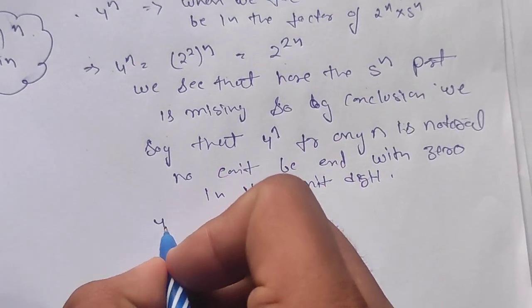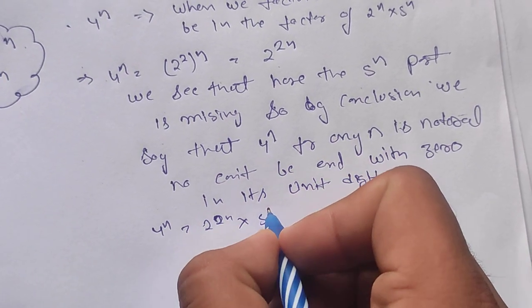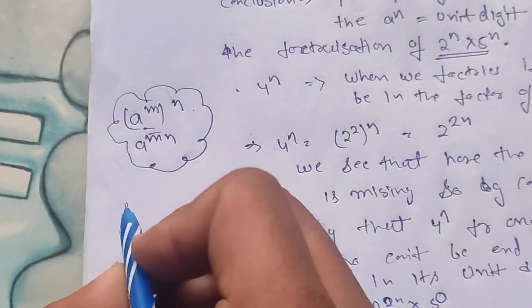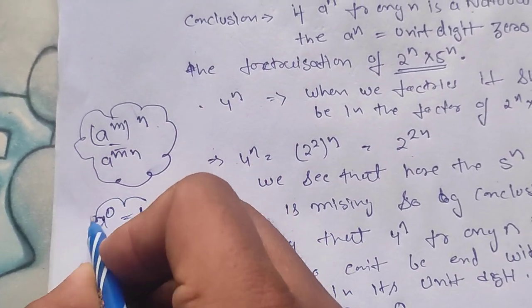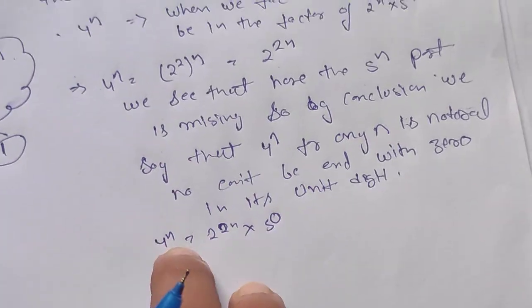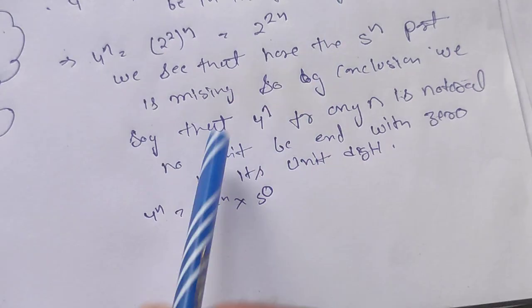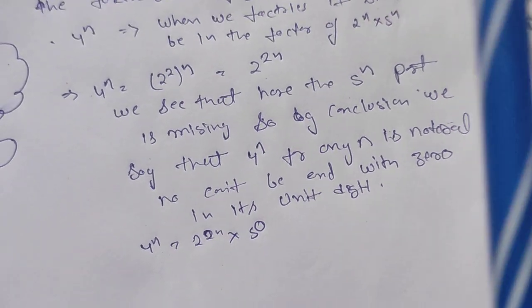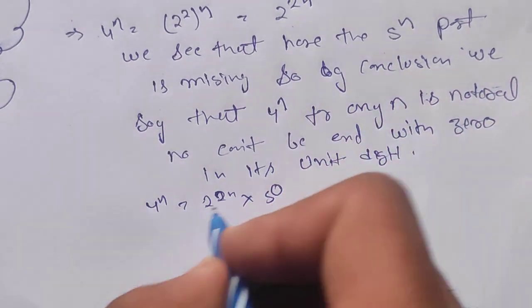So we can say that 4 to the power n can be written as 2 to the power 2n into 5 to the power 0, because of another rule: any number whose power is 0 becomes 1. Remember it. But n is a natural number, and 0 is not a natural number, so this form is incorrect.